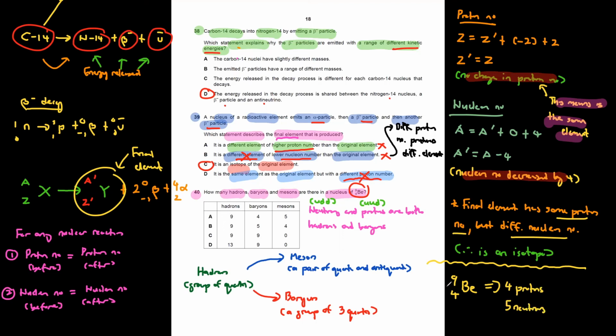If you take the nucleon number minus the proton number, you get the number of neutrons. So you have 4 protons and 5 neutrons. This should tell you that you have 9 hadrons as well as 9 baryons. So your answer should be C. Okay? So this is the last question for this paper. We are done with it.